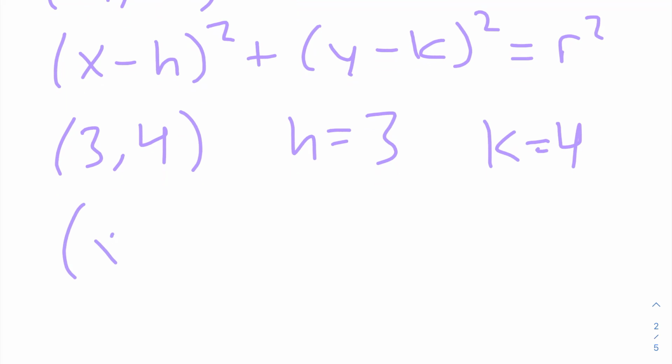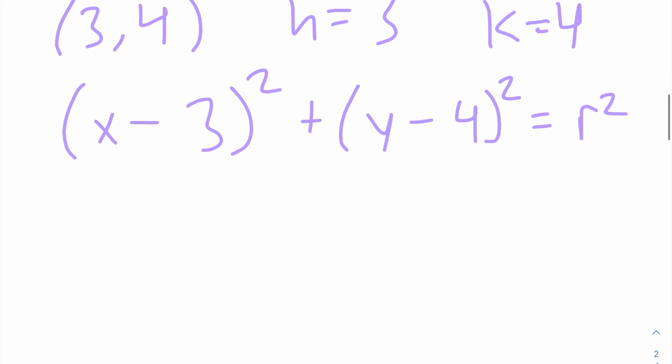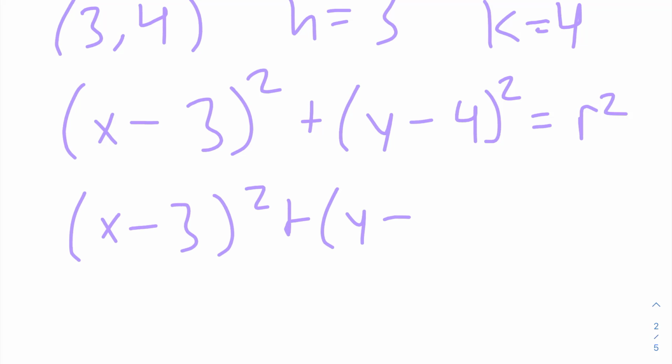So we have (x - 3)² instead of (x - h)² plus (y - 4)² is equal to r². And we know that the radius is 2, so we have (x - 3)² + (y - 4)² = 2², which is just equal to 4.